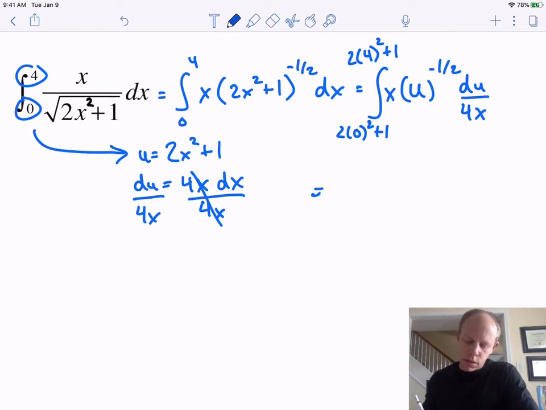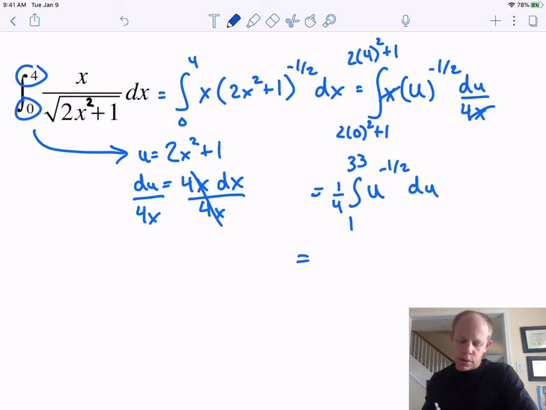So 2 times 0 squared plus 1, that's just 1. 4 squared is 16 times 2, 32, plus 1, so this will go to 33 here. Now, it looks like the x and the x cancel, so that's great, but we still have the divide by 4. I'm going to move that out here, 1/4, and then we have u to the negative 1/2, and then du.